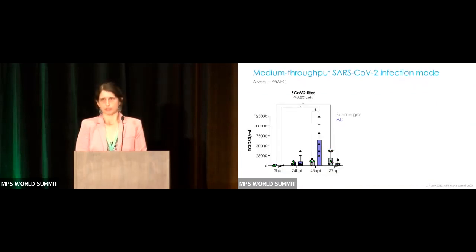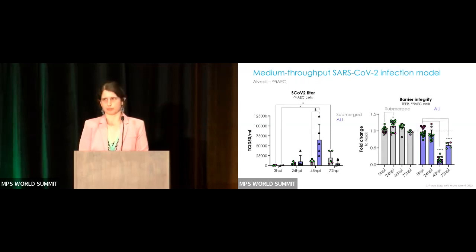When we look at the virus production, we really see that the air-liquid interface culture is the only method that was able to produce high viral titers. At 48 hours, you can see in blue this peak of virus production in an air-liquid interface culture, whereas in submerged culture we have a quite inefficient production of the virus.